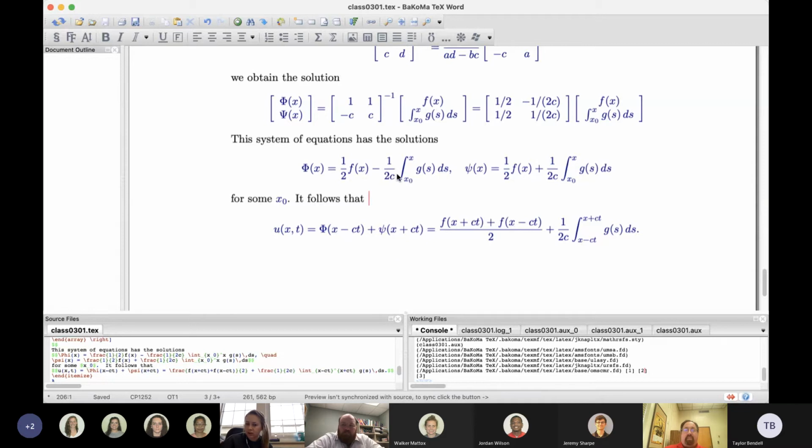And then what happens here with these integrals is that I could take this integral and change the sign, and also flip the limits.